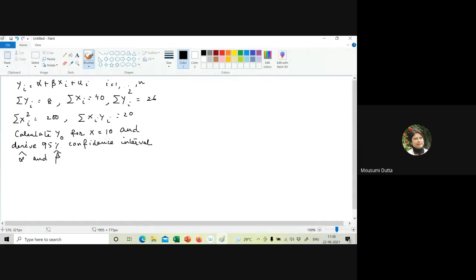All the information is with you. Summation yi, summation xi, these are there. So you will be able to calculate y bar, x bar. And then you will be able to calculate alpha hat, beta hat.